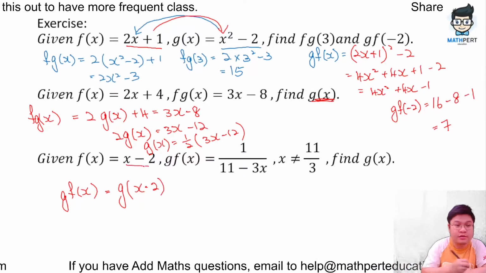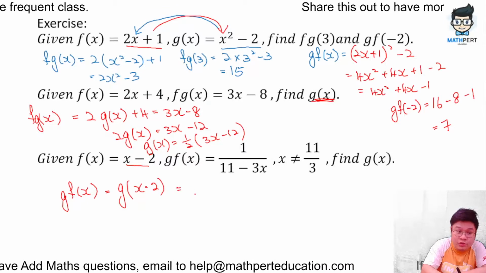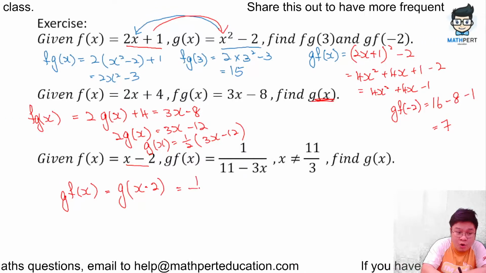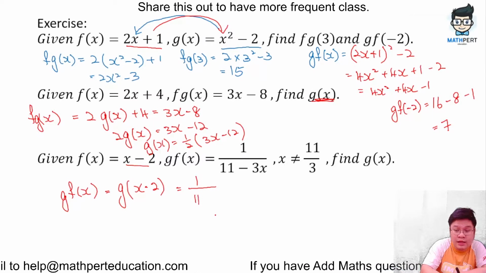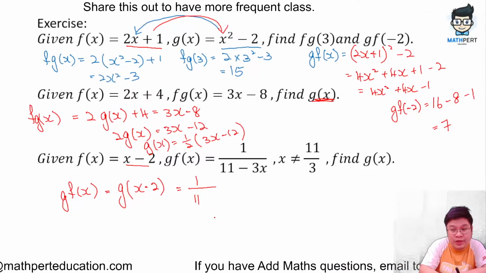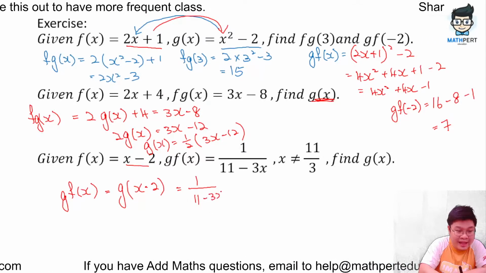Over here. Alright, so this will be equals to 1 over 11 minus 3x.